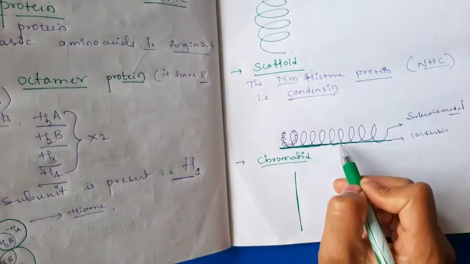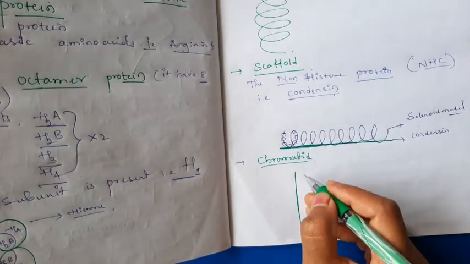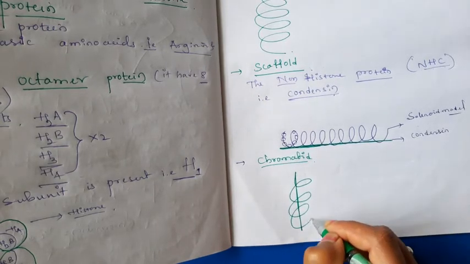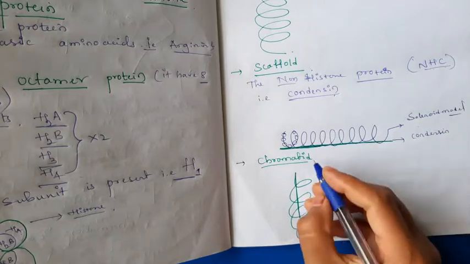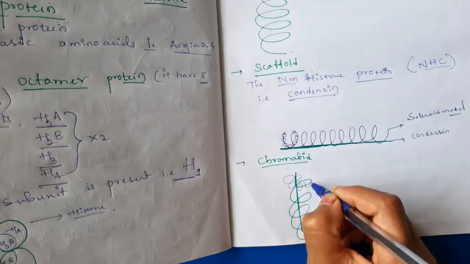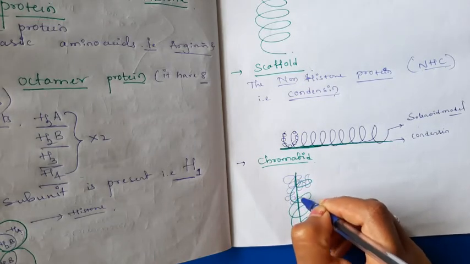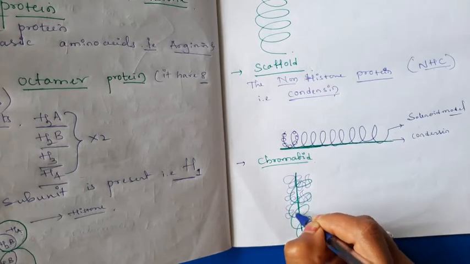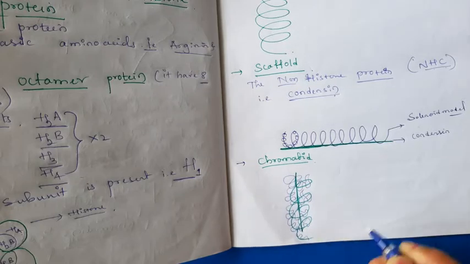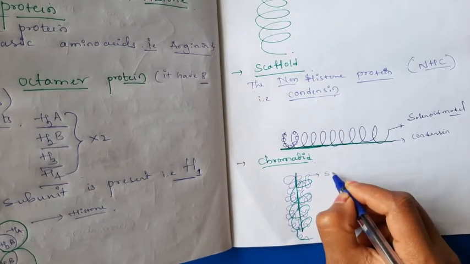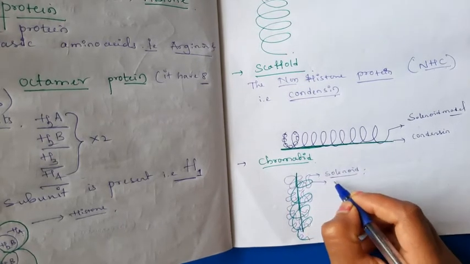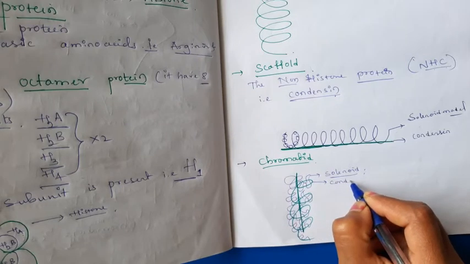Always the solenoid model of DNA is attached with a condensin. That condensin starts coiling. This is the condensin. On the condensin, the scaffold, solenoid DNA, this is the condensin.